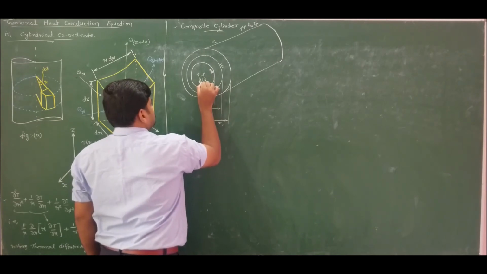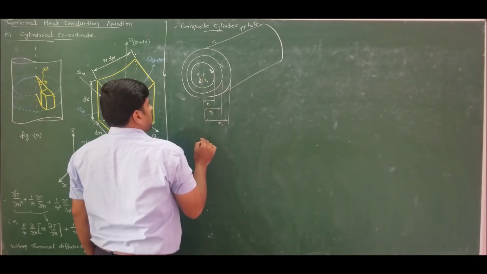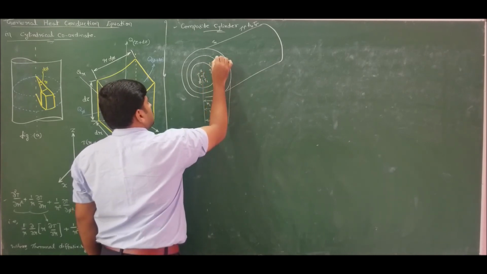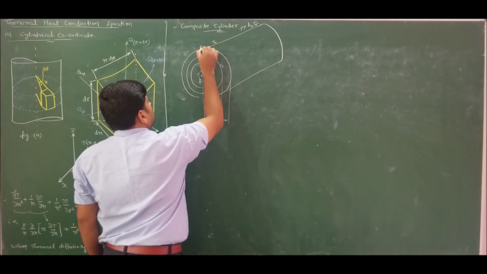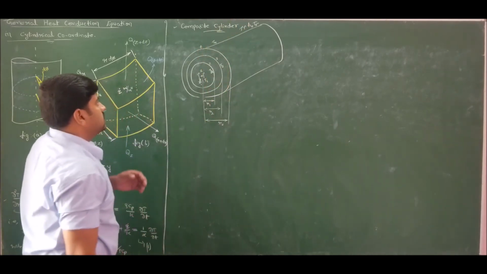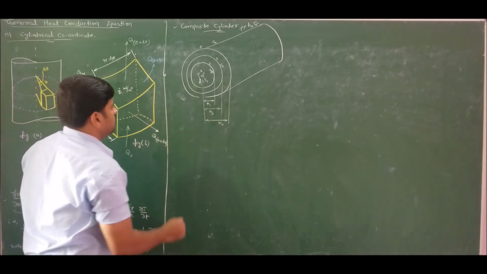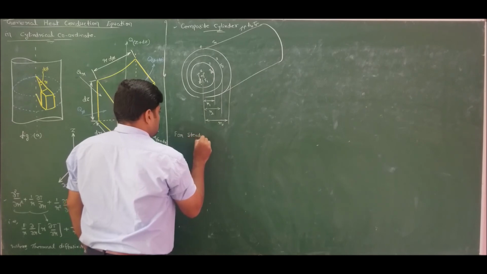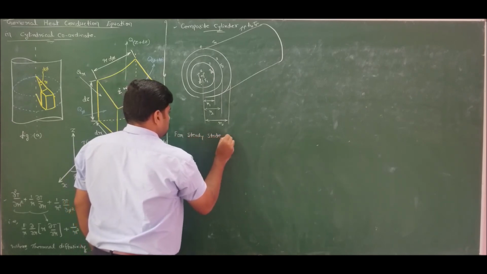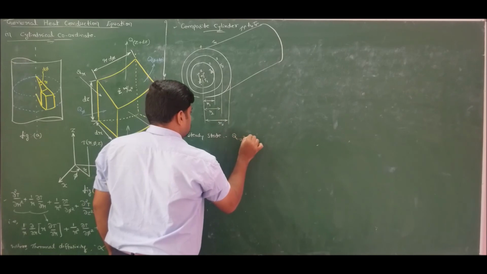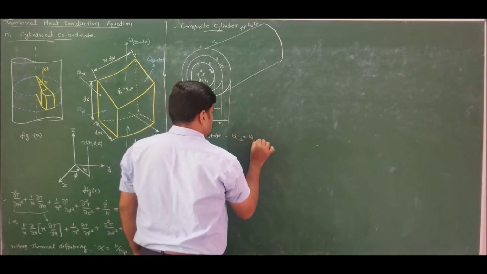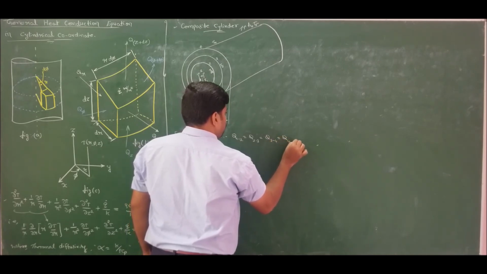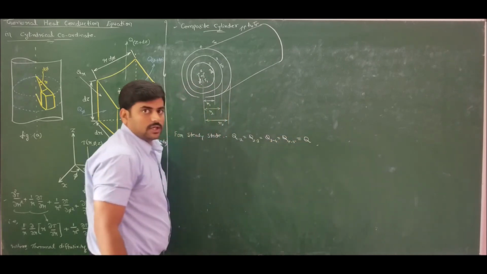This is Hi, and let us call these surfaces 1, 2, 3, 4 and the ambient atmosphere as 5. Now for steady state we know that Q12 is equal to Q23 is equal to Q34 is equal to Q45, all equal to constant Q.